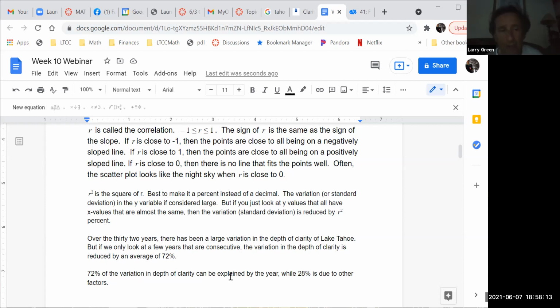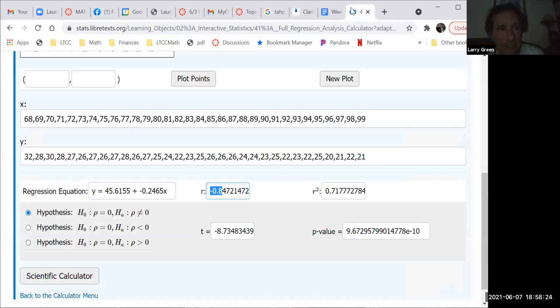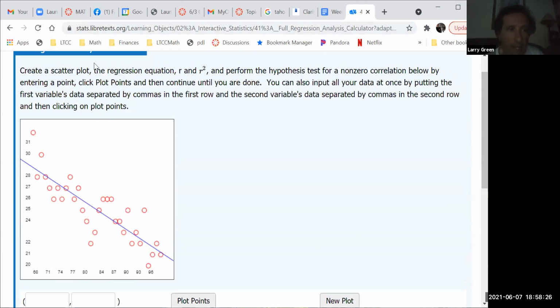Okay, so now that we understand R and we understand R squared, we understand the scatter plot. Now let's take a look at the line. And again, if we go back to the picture, there's definitely a line. Any questions on the line? Okay, I'm not going to get into the intense mathematics, but this line minimizes the squared vertical distances from the points to the line. So if you don't know what I'm talking about, don't worry about it.